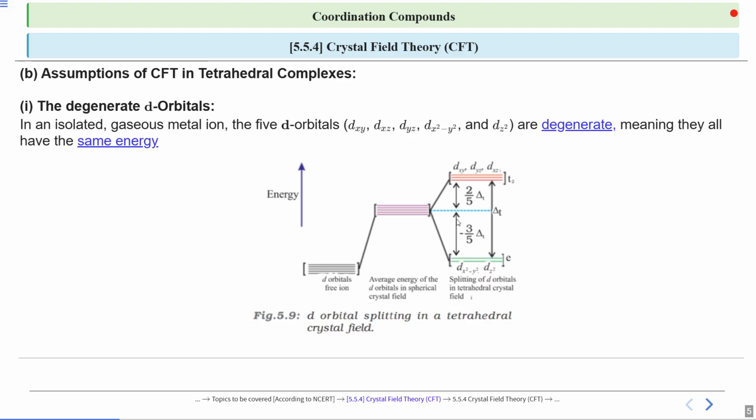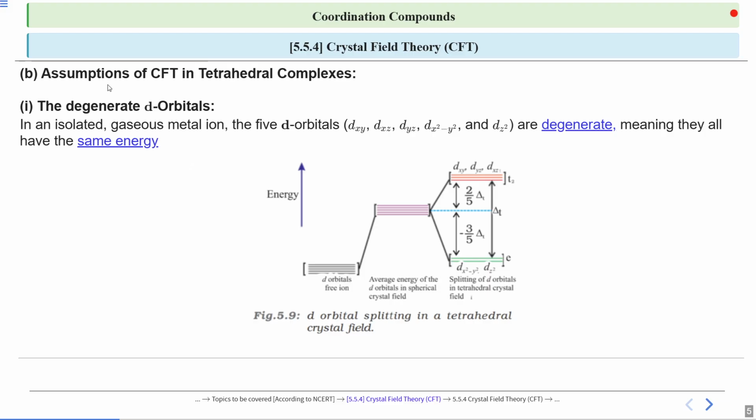After the energy is increased, they still have the same energy, that means they are still degenerate, and they get the average energy of d orbitals in the spherical crystal field. Then, when you increase the energy more, they will split into two groups, the T2 and the E groups. We will talk about this later in this lecture.